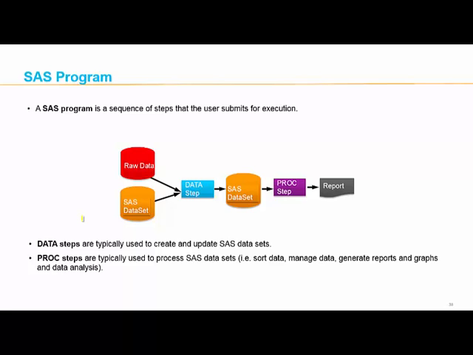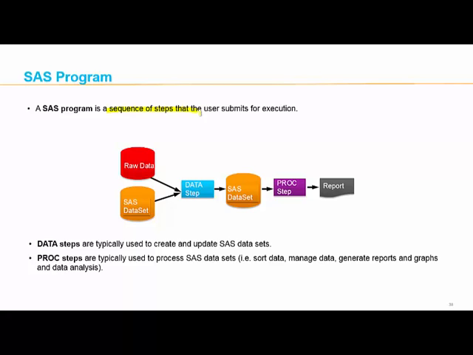A program is defined as machine language code which we submit to perform a certain task. In the same way, when you write any program in SAS, it's a sequence of steps that we submit to the compiler for execution. If there are no errors in your code, then SAS will execute that code.